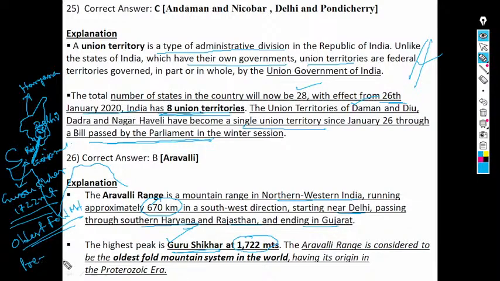The Aravalli range formation happened in the pre-Cambrian time.